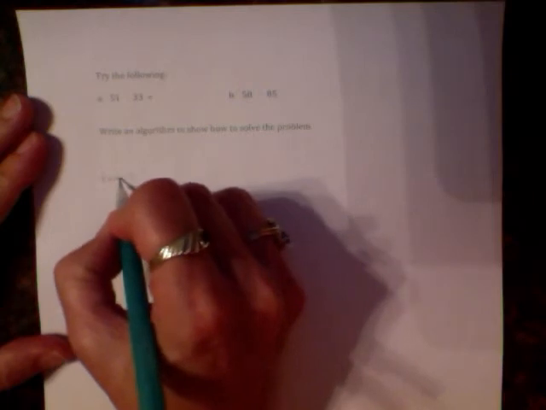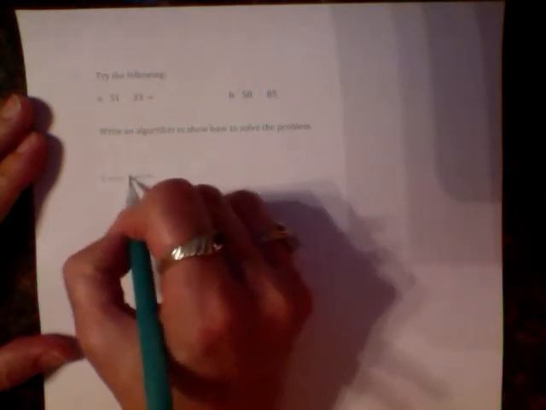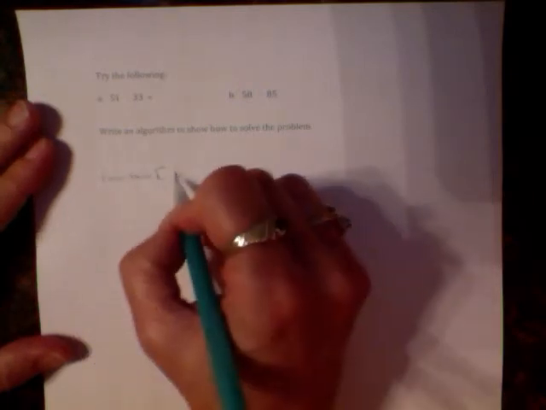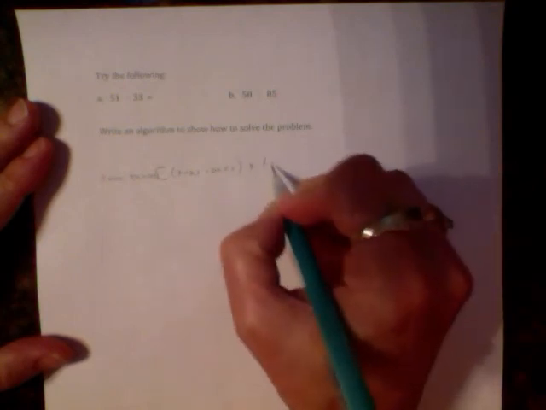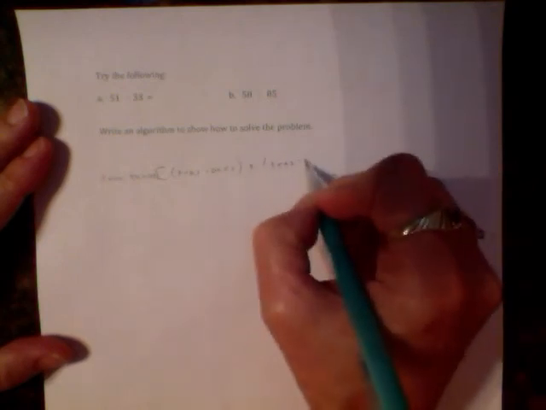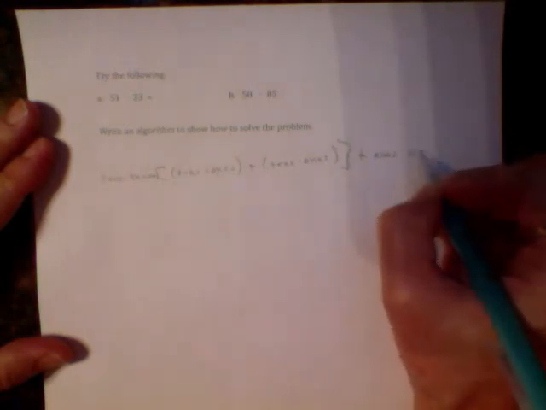And then this one, I want them to come up with the algorithm. I'm looking for the 10s times the 10s, plus the 10s times the 1s, plus the 10s times the 1s, and then plus the 1s times the 1s.